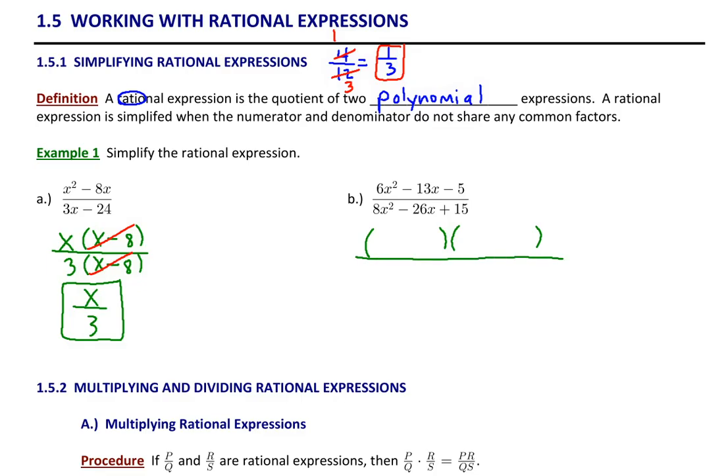Now we know the first two terms in our binomials have to multiply to give us 6x squared. Well, we've got some options here. That could be 6x times x. That could be 2x times 3x in any order. So I'm just going to make a choice here and choose the combination 2x and 3x.